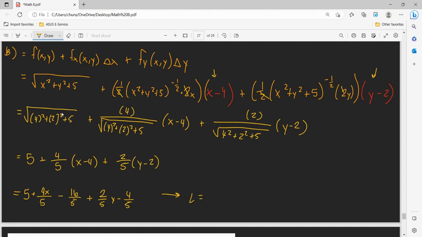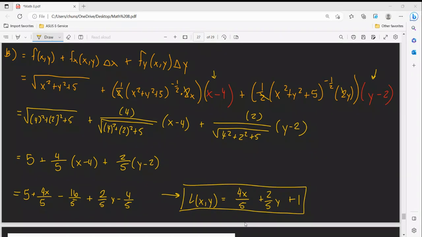So the linearization as a function of x and y is going to equal 4x over 5 plus 2 over 5 y, and this is plus 1. Okay, so that is our linearization equation for part B.